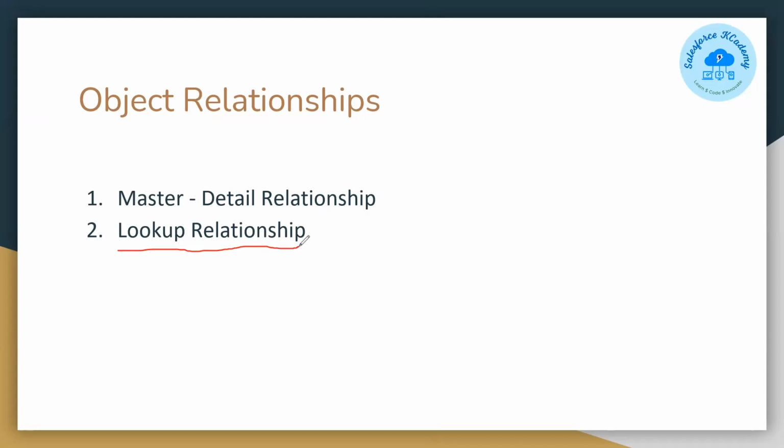Even if I delete one of the account records, the contacts associated with that account record will not get deleted because they are loosely bonded. That kind of relationship is nothing but lookup relationship. So for lookup relationship, accounts and contacts is the best example to consider.